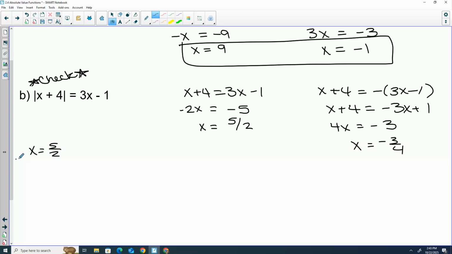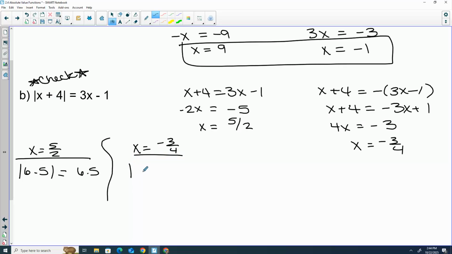So if I plug 5 halves in, over here, that's the value of 6.5. Over here equals 6.5. So does 5 halves work? Yeah, that's fine. Okay, if I put in negative 3/4. So on the left, I get the absolute value of 1.25 equals negative 1.25.